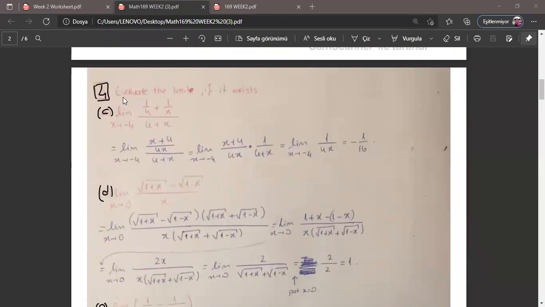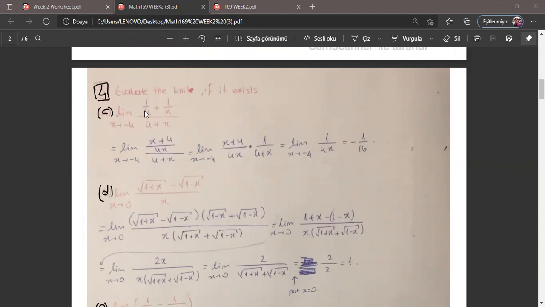All right, now for the other question, problem 4, we will find the limits if they exist. So first we need to check the limit of this function when we are approaching -4. So first we rewrite this numerator.